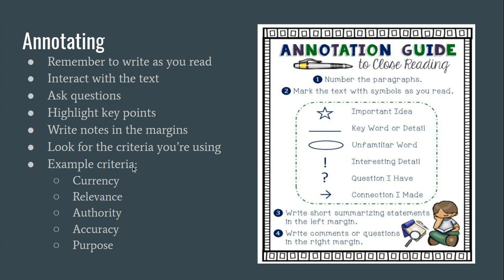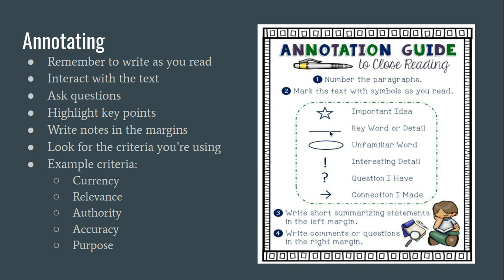So our example criteria is here: currency, relevance, authority, accuracy, and purpose. And then I've also given you just a quick visual of an annotation guide. This is one way that you can choose to annotate. And of course, if you have a different way that works for you, then go ahead and use that. But you could make a star next to an important idea.